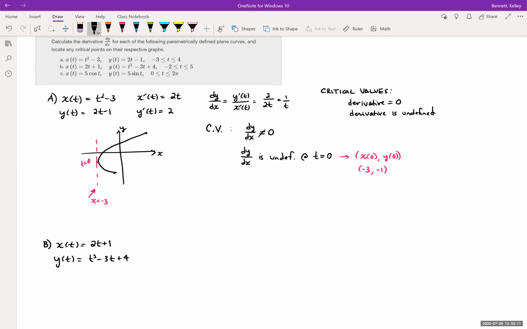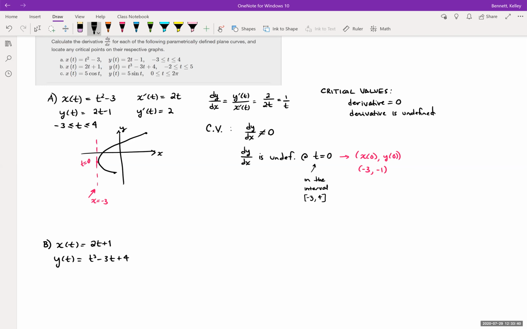Notice, going back to that example really quickly, because t was in the interval -3 to 4, it's a valid critical point. Like if we had gotten t equals 7 for our critical value, it's not in the interval, so it's extraneous.